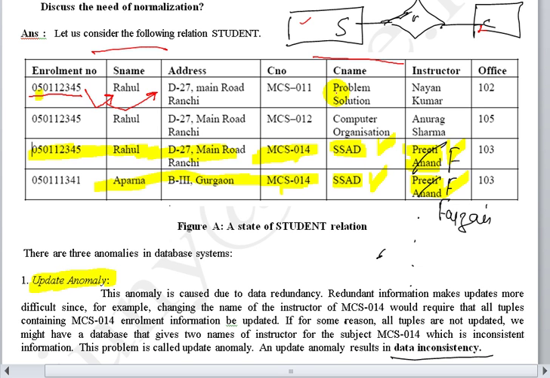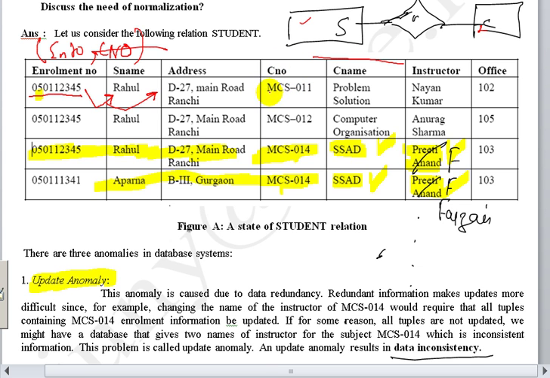So it will have a composite key. This table will have two attributes in its primary key. One is enrollment number, which will define what student information, and a course number, which will give information about the course.